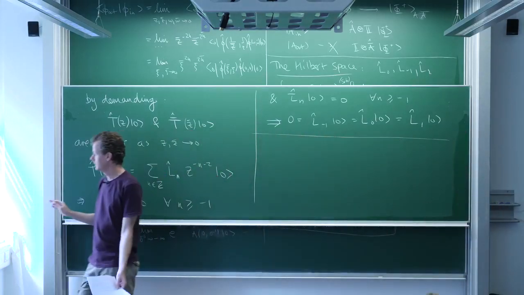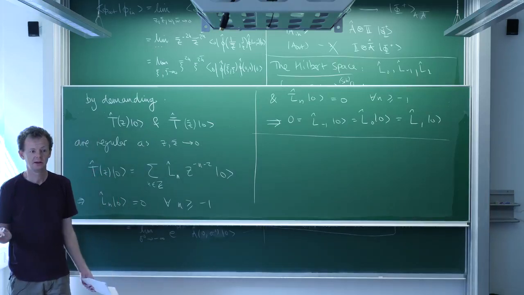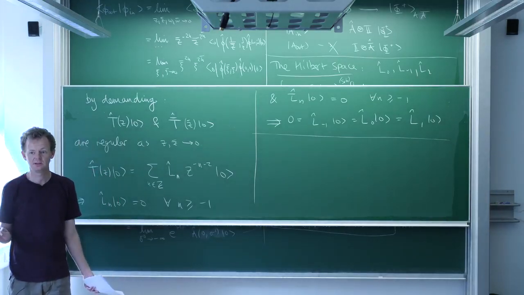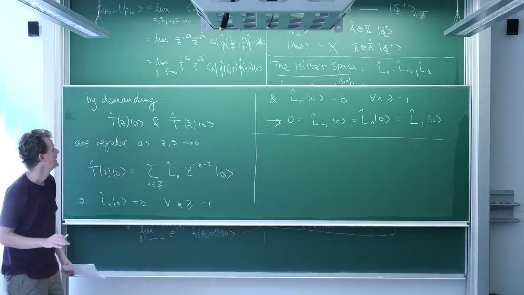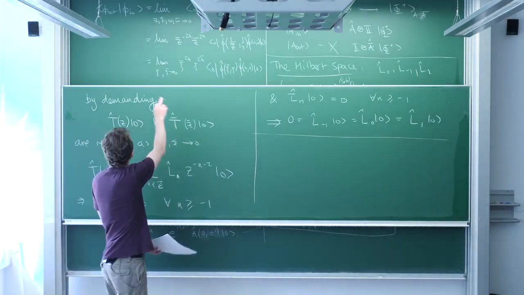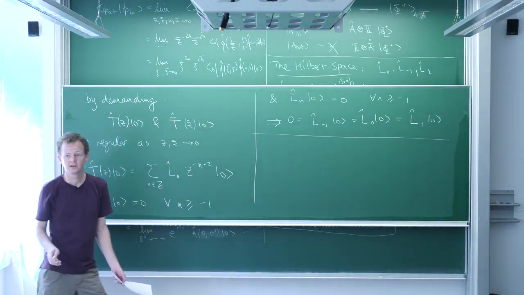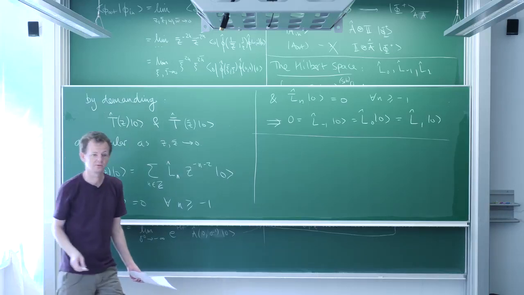And now I'm going to show that using the OPE, we can see that primary fields, these in states, are actually eigenstates of the Hamiltonian for our system.